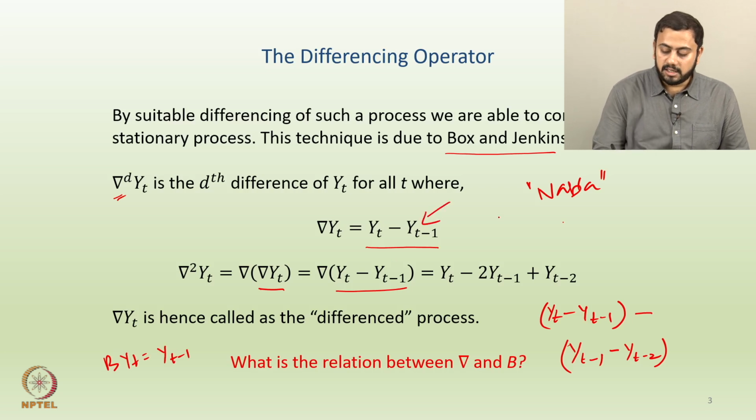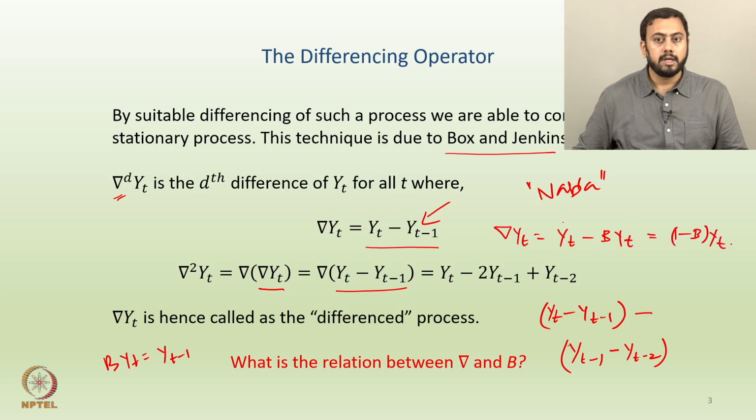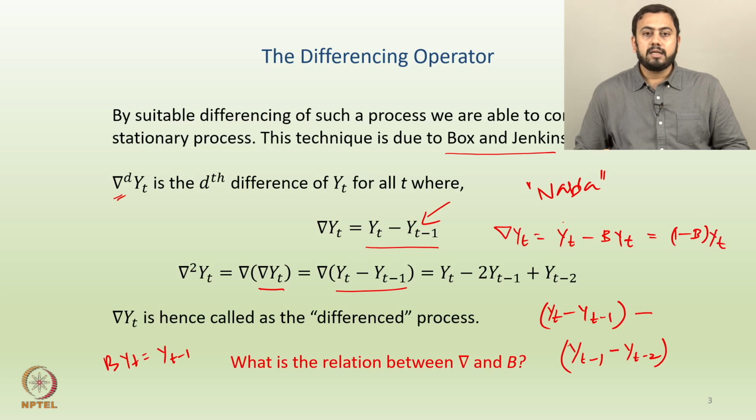So, essentially nabla applied on yt is nothing but yt minus b of yt, because b of yt is nothing but yt minus 1. And from here I can combine 1 minus b in a bracket operated on yt. So, this is the relation. Nabla is similar to 1 minus b.